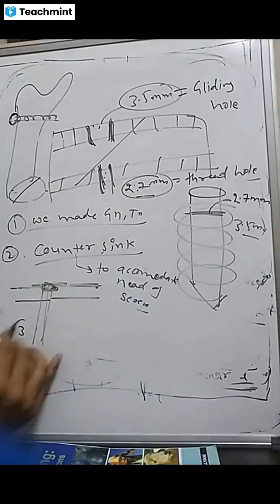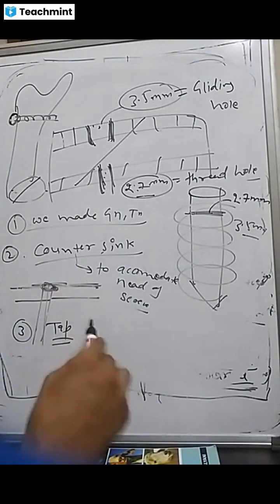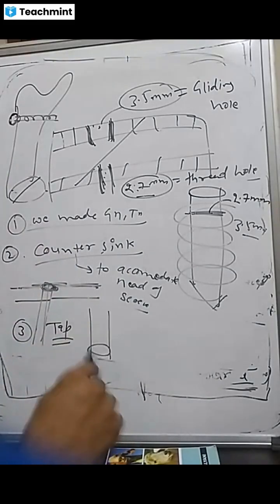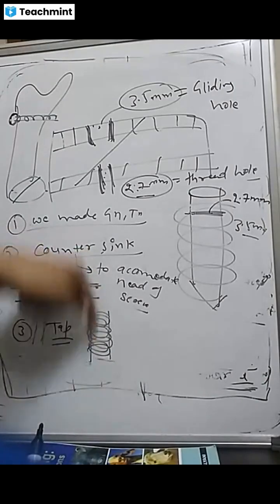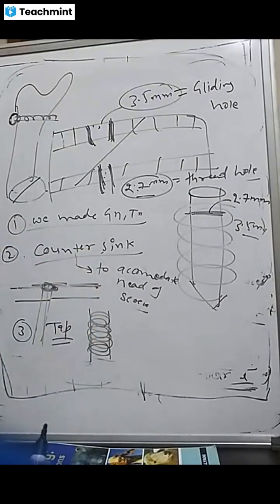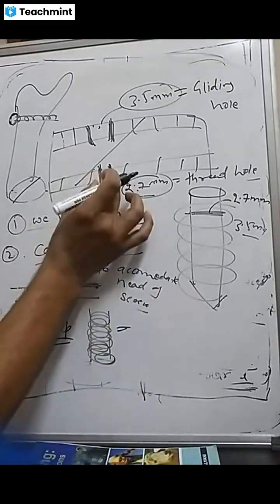Third step is the tap. There is an instrument called a tap. Tap means making a thread, so that the screw will go inside the thread hole.